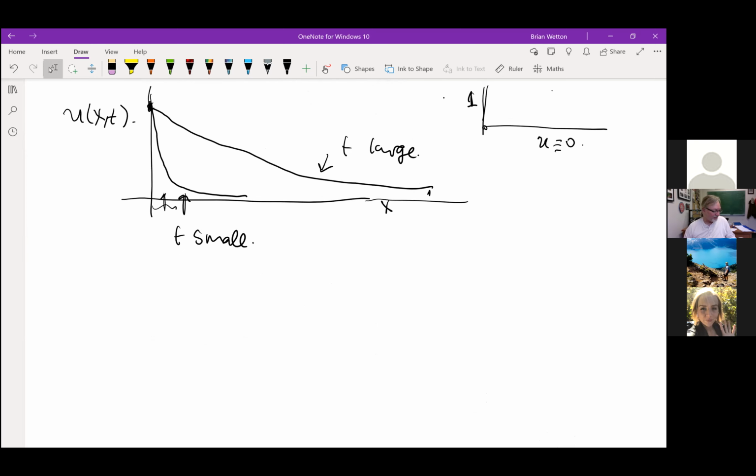Okay, so the solution almost looks like characteristics on the curve x is equal to the square root of t. Well, let's not talk about characteristics in the context of the heat equation. Let's say that that is the self-similar variable.